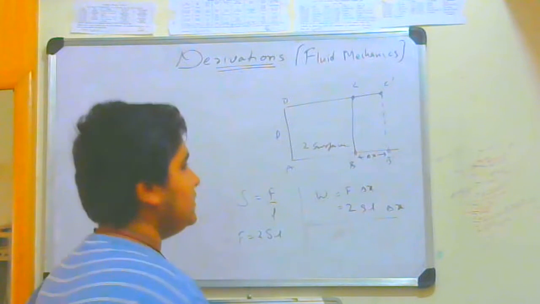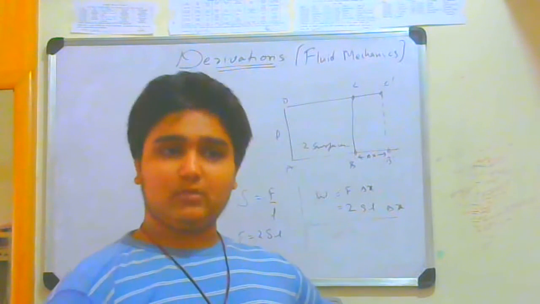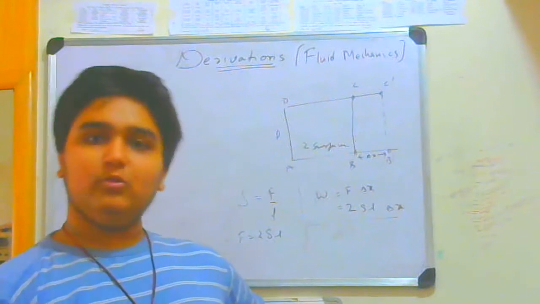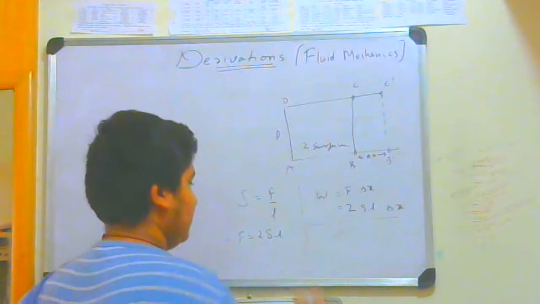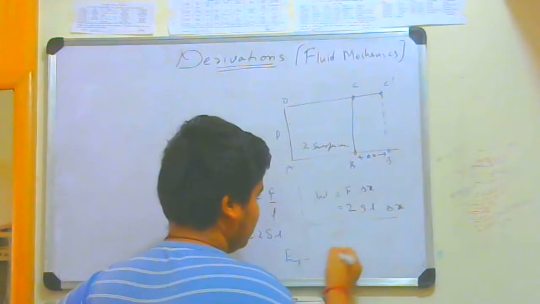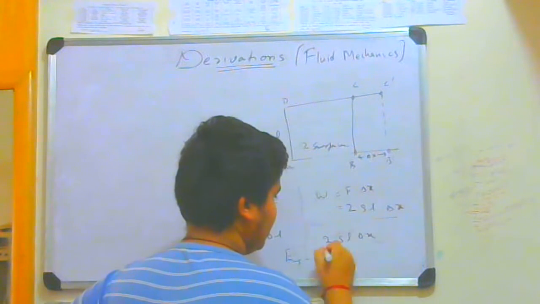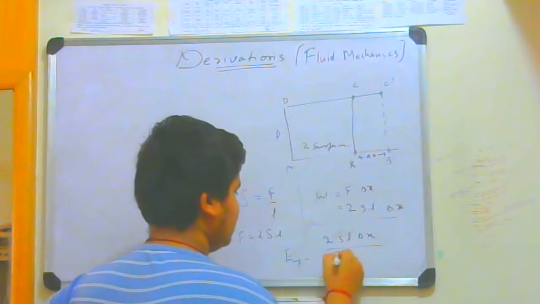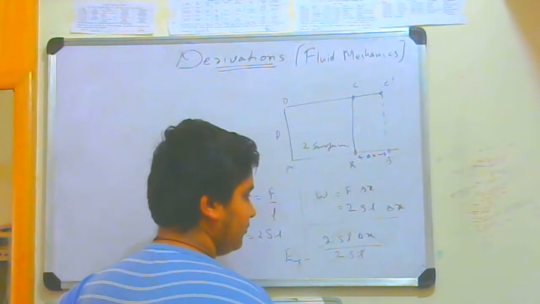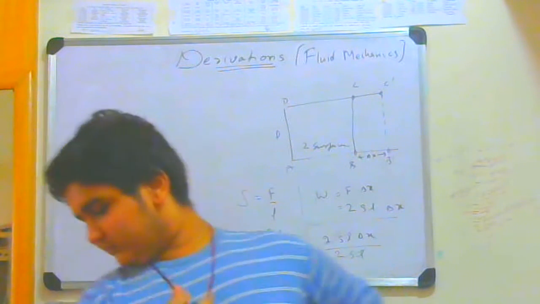Now surface energy is defined as the ratio of work done per unit change in surface area. So surface energy ES is equal to work done, that is 2SL delta x, by change in surface area, that is 2L delta x. I can cancel this. I will be left with S, which is surface tension.